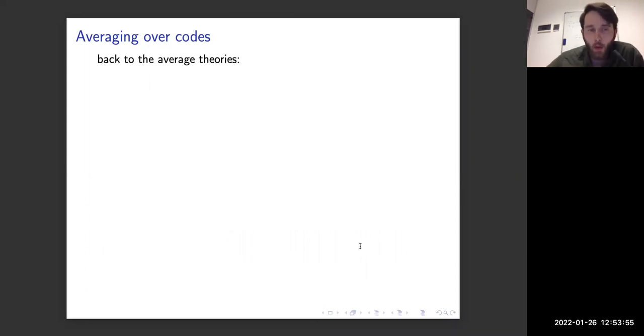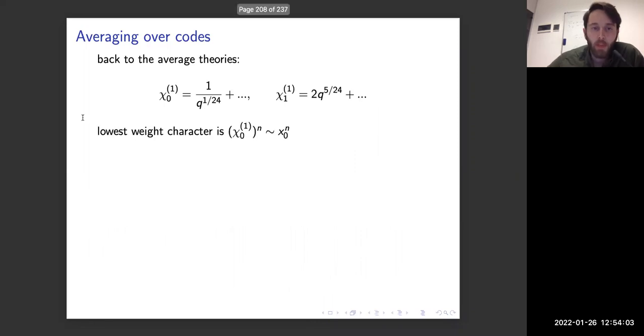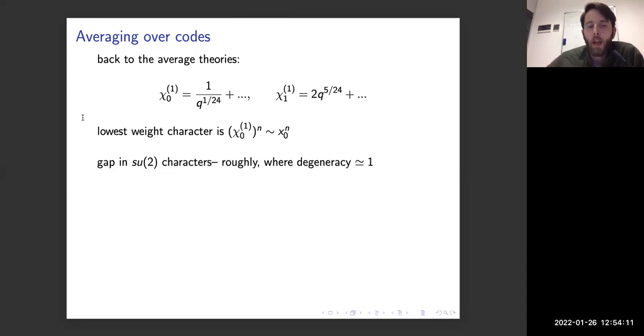Okay, so let's go back to the average theories for a minute. First of all, we have 2 characters. X0 has a lower weight than X1, which means that the lowest weight character is basically X0 to the n. And we can try to understand what is the gap in SU2 characters.